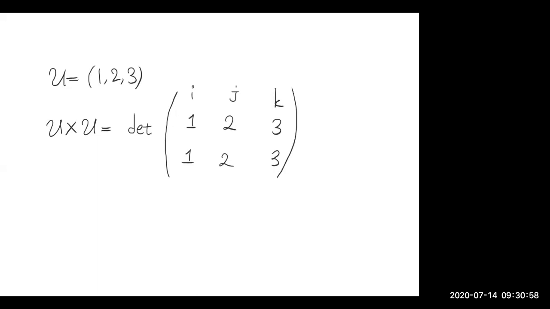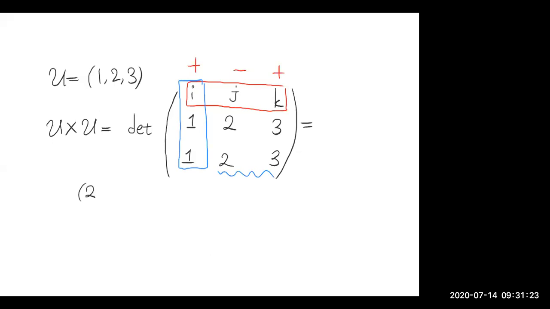And I should compute this determinant, right? I would write down the signs here, plus, minus, plus. This is the first row. I would choose the first column, look at the remaining part, and compute its determinant.